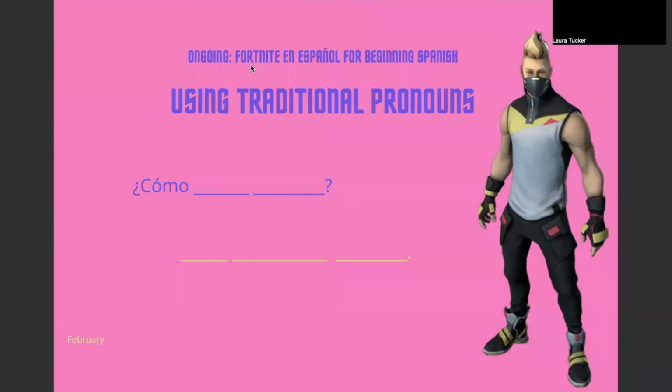Okay, so we could also ask, how are you? So let's start with, again, formal. ¿Cómo está usted? And this just means, how are you? Again, remember that usted is formal, so it's for people that you maybe don't know very well, or you're just trying to be respectful. You respect this person.